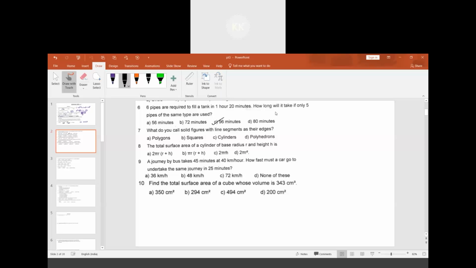How do we calculate this? 1 hour 20 minutes is equal to 80 minutes. Number of pipes is decreased and time is increased, so it is inverse proportion, and you should multiply. So it is 6 by 5 into 80.